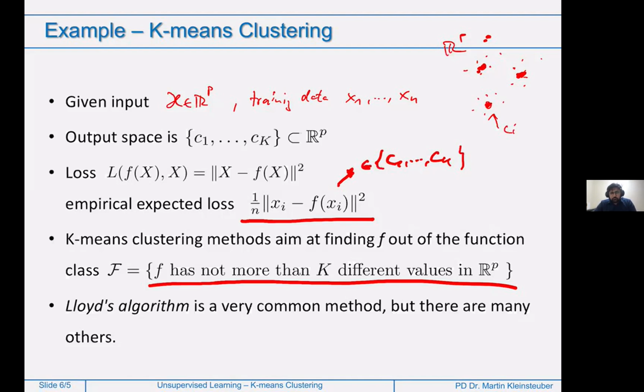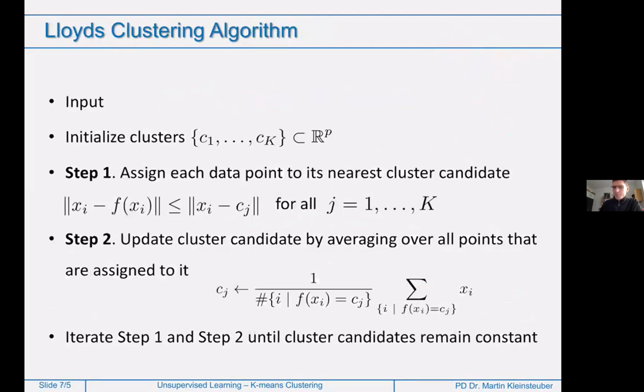Yeah. Well, so yes. Let's have a look at Lloyd's algorithm, because it's really simple, and things that look very complicated sometimes melt down to a very simple approach. So what Lloyd's algorithm is doing: the input is our training data x1 to xn in R^p.